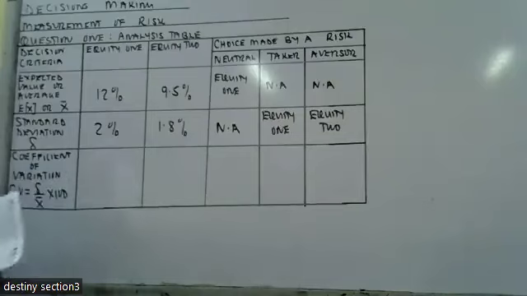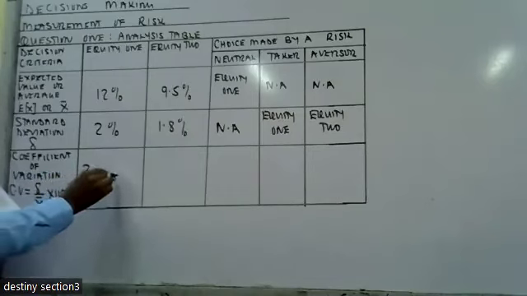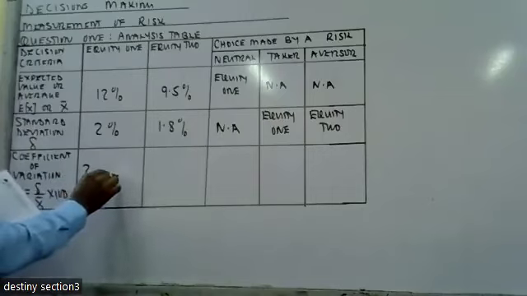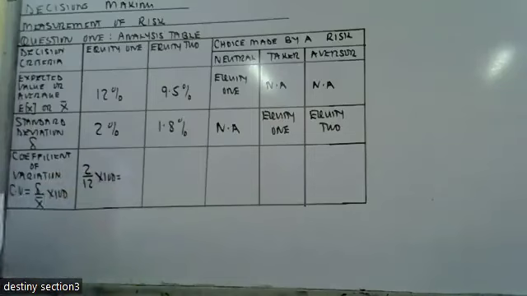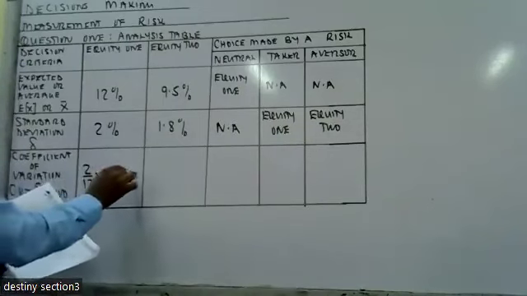Coefficient of variation is given as the standard deviation divided by the mean, times 100. So this will be 2 divided by the mean of 12 times 100. Tell me what percent that is. Two out of 12, 16.7%.